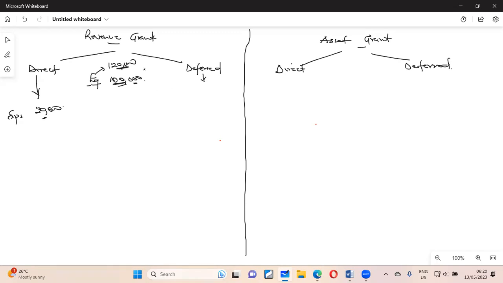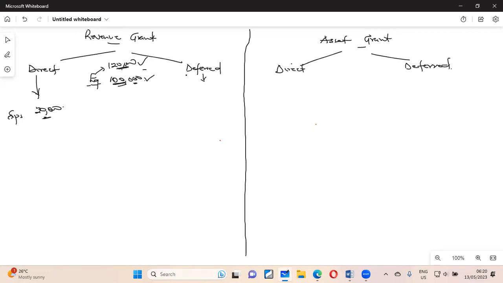But let's say this one is just in 1 year. You are spending 120,000 in 1 year, and the government gave you 100,000. So these people say I actually spent 20,000, not 120,000, because the government is the one that spent the 100,000, and the government is not in my books.